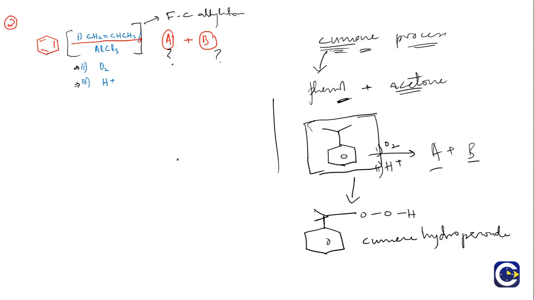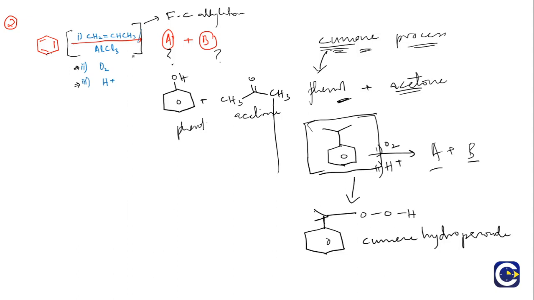So we have to recognize the reagents and the substrate, and as we know, in the cumene process we get two products. One is the phenol. So the product A in this reaction will be phenol, and the other product will be the acetone. This is the acetone, and this is the phenol. These are the two products of the reaction.